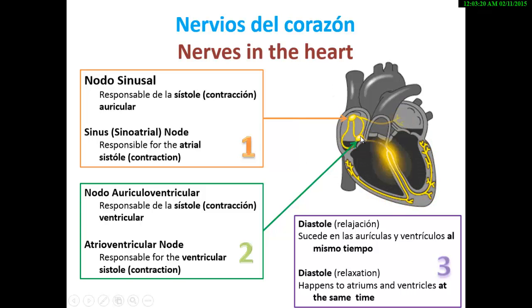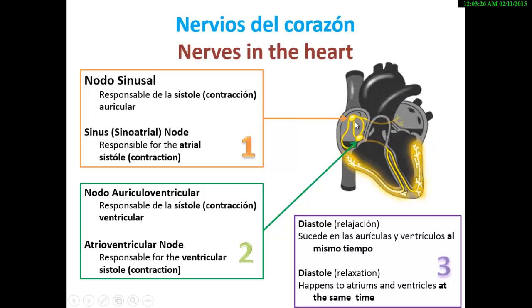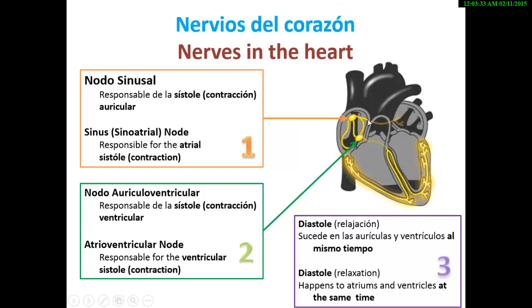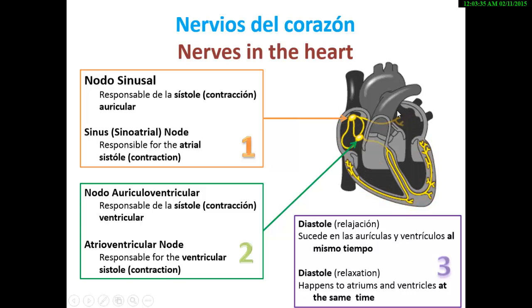All the impulses that start from the sinus node eventually reach the next node. Schematically, this node is in the middle, right between the two atria and the two ventricles.